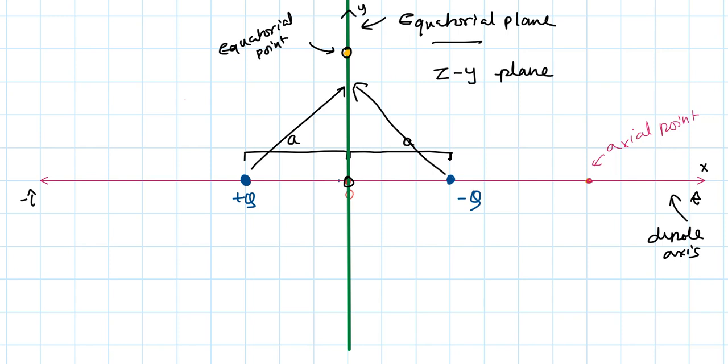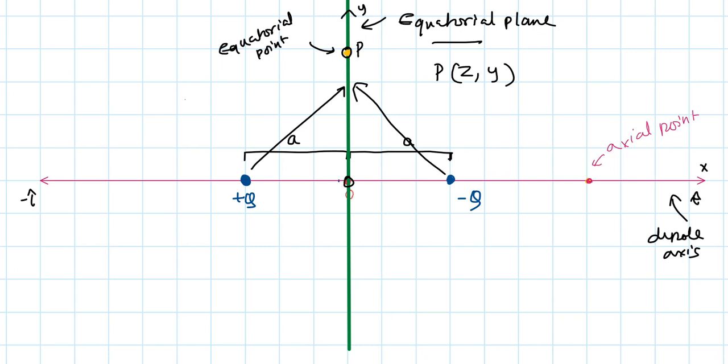I hope you understand. The screen is the xy plane, and your equatorial plane will be the zy plane. Imagine that. It's all up to you. I'm not going into any further discussion about various planes. So all the points on the equatorial plane will be z and y points, and any arbitrary point P in this plane can be denoted by z and y coordinates.